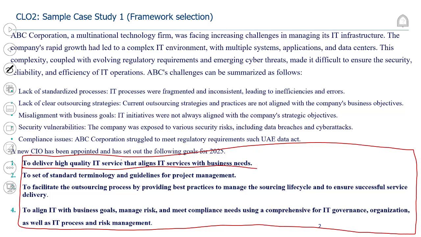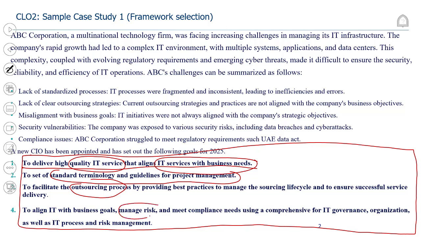So the keywords there: high quality IT service, okay? And IT service that is actually aligning with the business. Some of the keywords that you should look at: standard terminology and guidelines for project management. Outsourcing is a keyword that you should look out for.